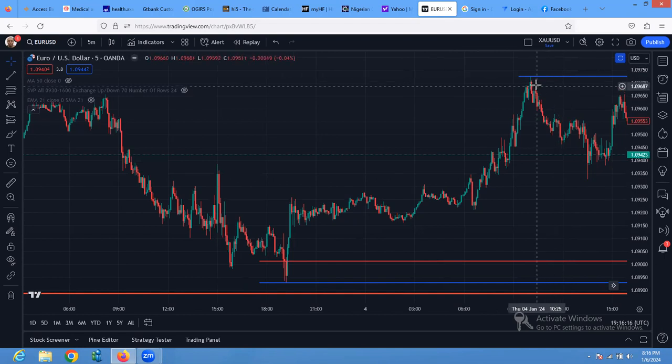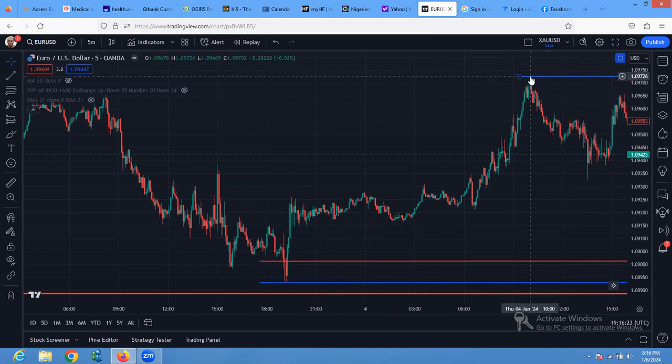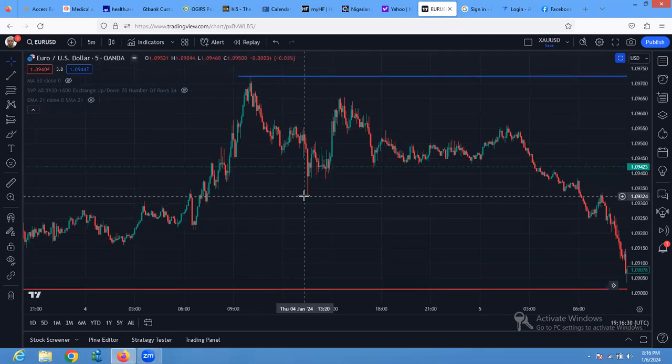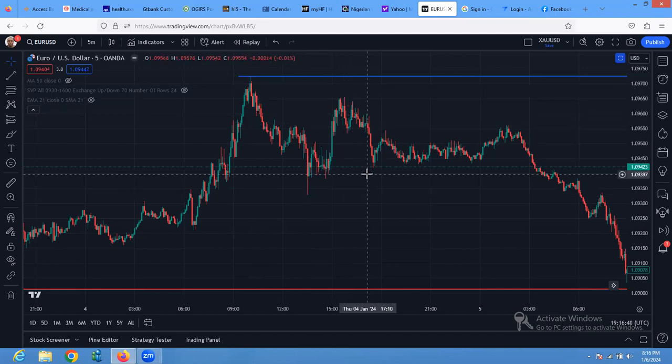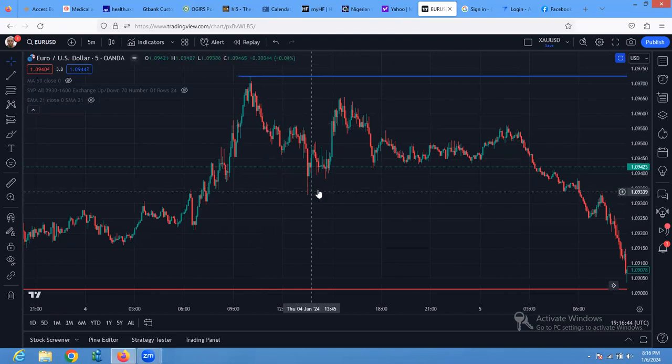So if this is an A and we want to say, okay, this has ended the move, you can assume anything. It's not wrong. When this one is A, we want to do a B wave of this new move. So you see this as A of B. After the A of B, you want to see the B wave of that B wave as a triad, which is A of B, a B of B, and a C of B. So we have finished these as the initial A of that wave.